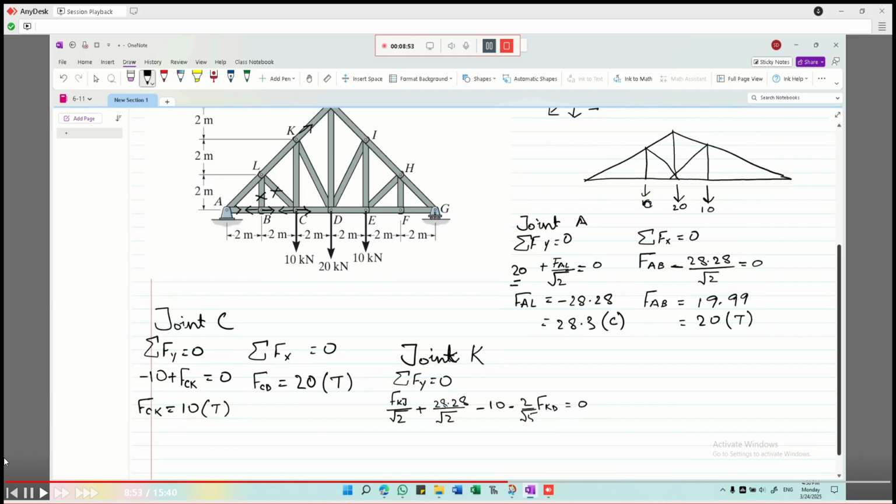Then as we know CK is 10 newtons, and as it is in tension, it will be negative. And lastly, the y component of FKD will be negative, as we will assume it is in tension, and the component will be found by again the Pythagoras theorem. Taking the lengths CD and CK, we can find the length KD. Let's move on.